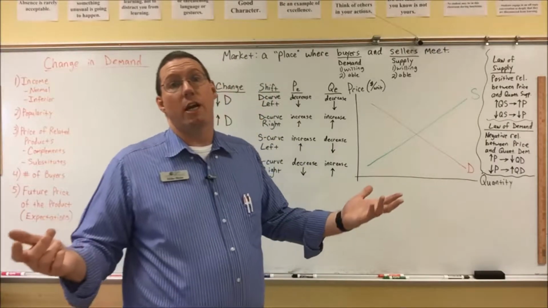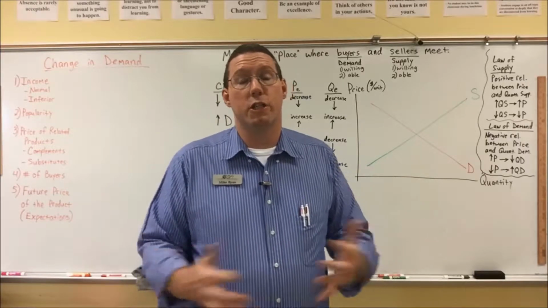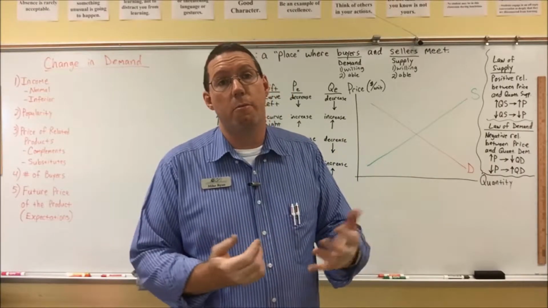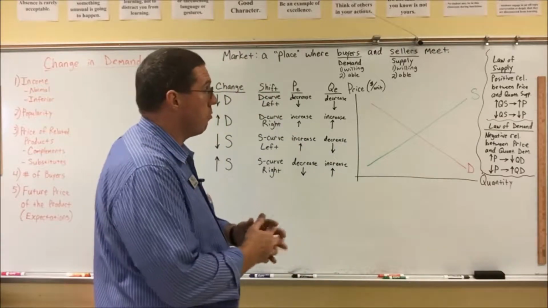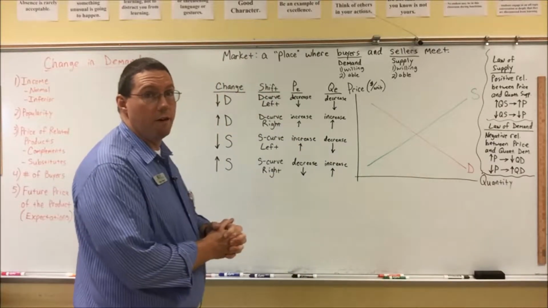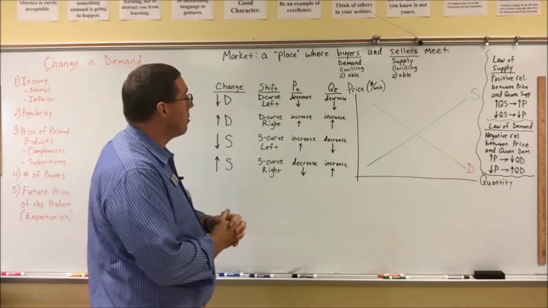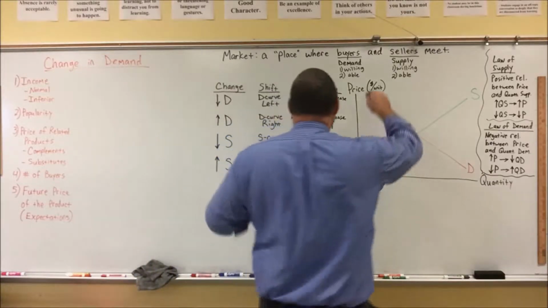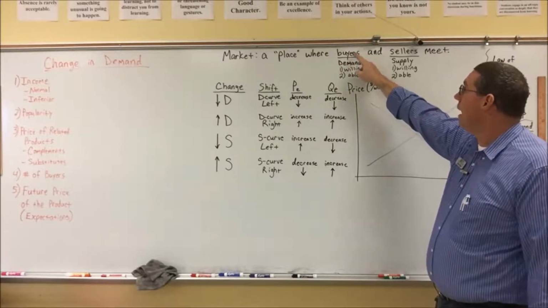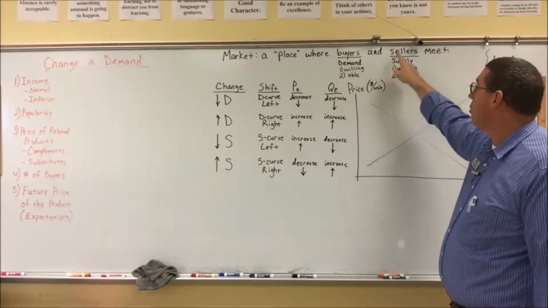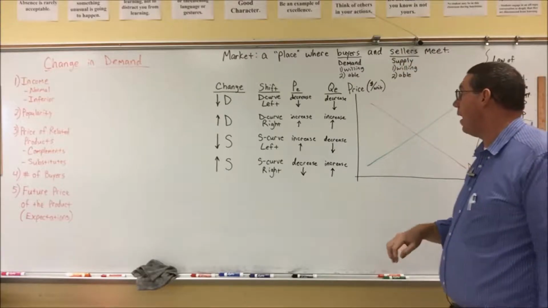They don't even have to be exchanging products for money. They could be exchanging products for products, and it would still be a market. Okay, but we deal in money because that's sort of the most popular way of buying things. And what we said is that buyers make up the force of demand, where the sellers make up the force of supply.